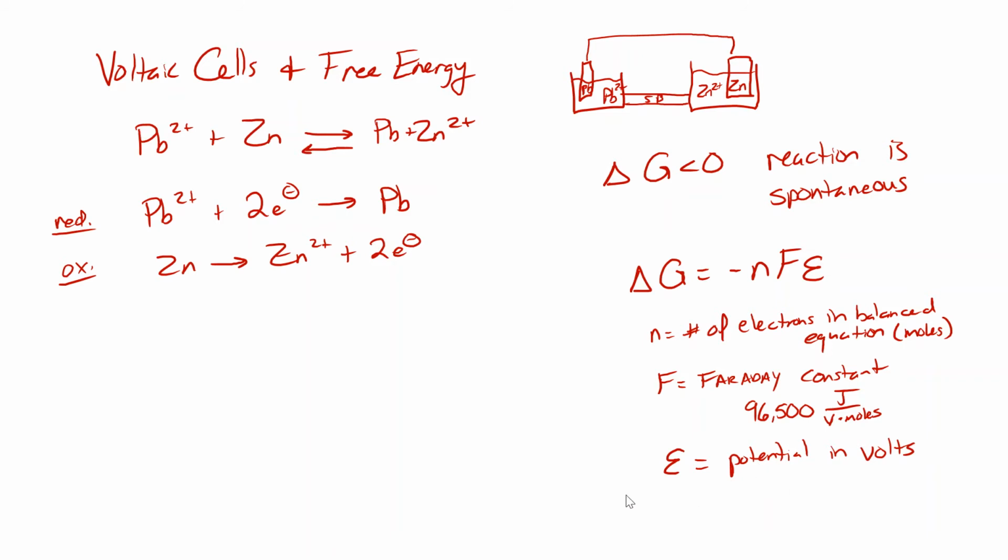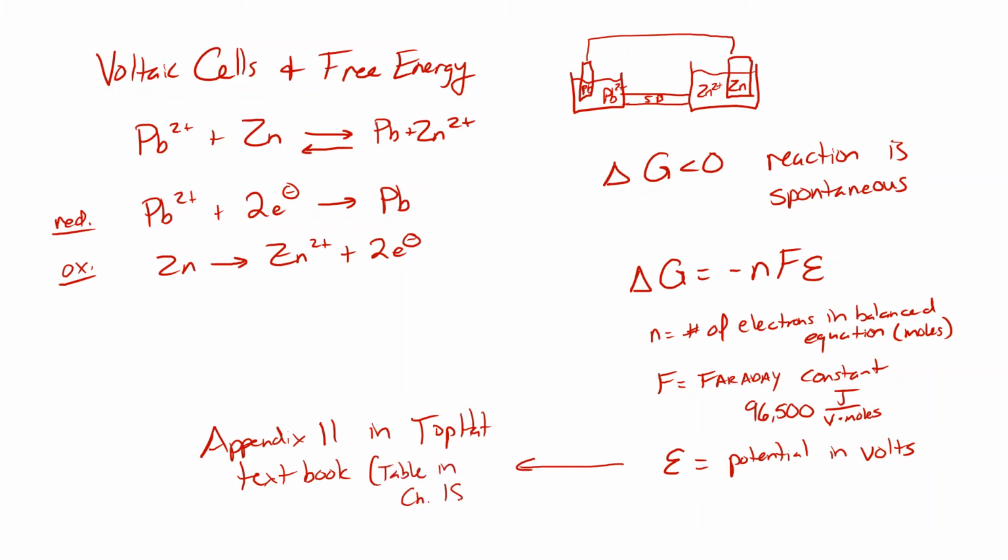So what we're going to use is a standard set of values for these half reactions. Each of these half reactions, we're going to find a value for, and these epsilons are going to come from a table, Appendix 11 in the Top Hat textbook, or there's a table in chapter 18 that lists all of these potentials.